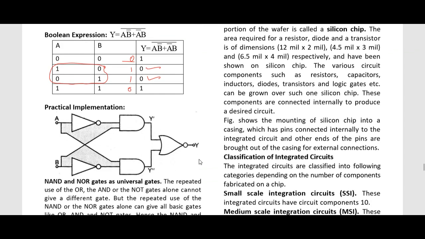Now this is the practical implementation of these two gates. A is the input, A is here, B, and here we took NOT of this, and here we got B bar, and here the output is A B bar. Again, here we got A bar, and here the input is B, and the final outcome that we got is A bar B. And in this case, note down, this is a NOR gate.